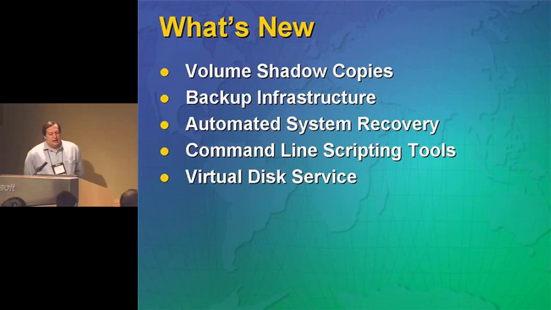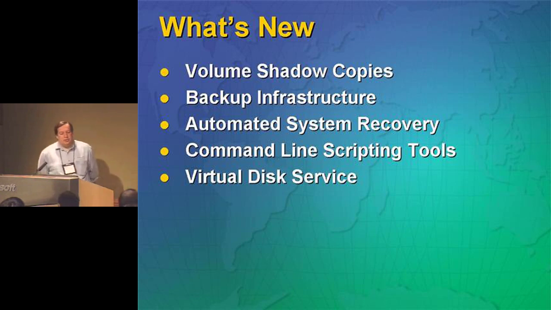And we put a lot of command line scripting tools around some of the storage features. We've had a lot of issues in the past about not being able to script setup of a large number of servers, and so we have scripting put together, which I'll show you a little bit later, to help with deployments of a large number of machines.